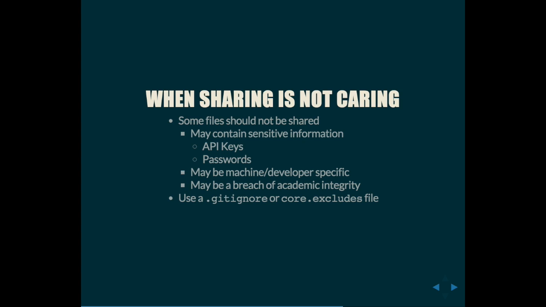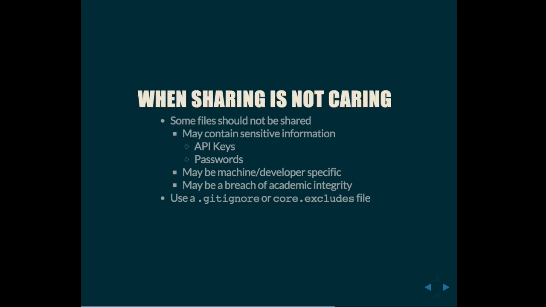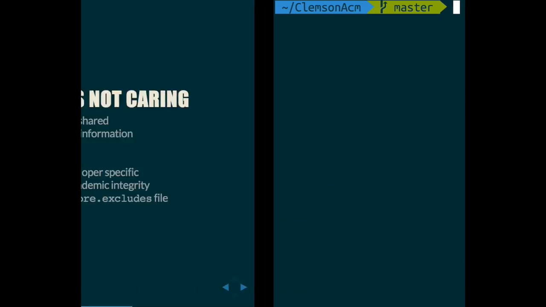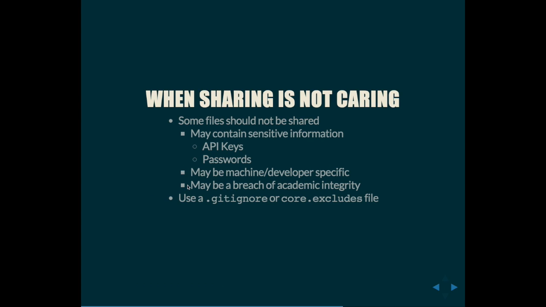If you do these sorts of things, in certain cases it may also be a breach of academic integrity, which we will not get into because it is confusing. So in these cases, when you definitely do not want to share certain files, there are mechanisms by which to do that. If you'll go back to the slides, please, called the git ignore and the core.excludes file for git. Mostly you can just use git ignore to ignore things.